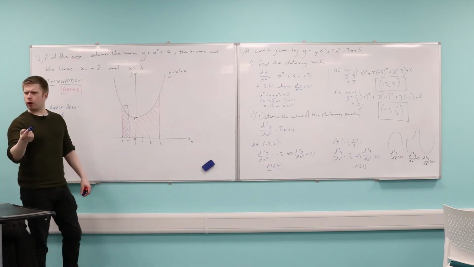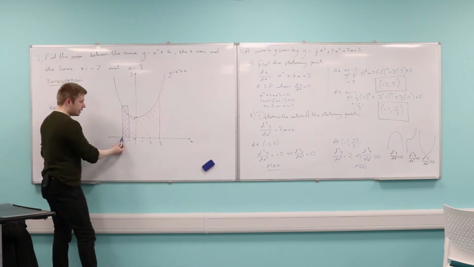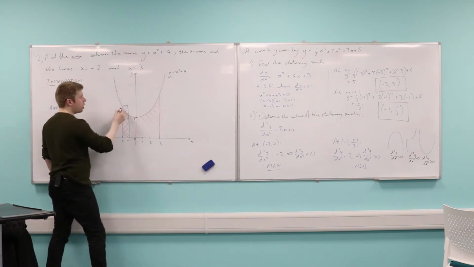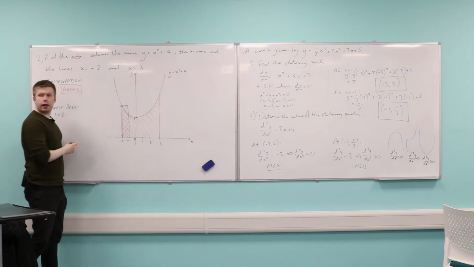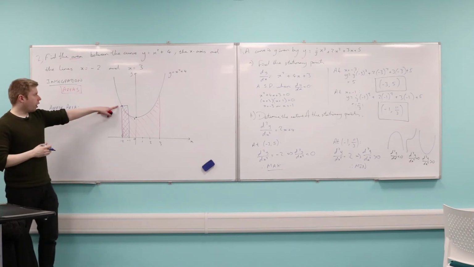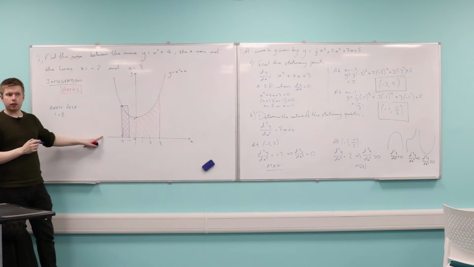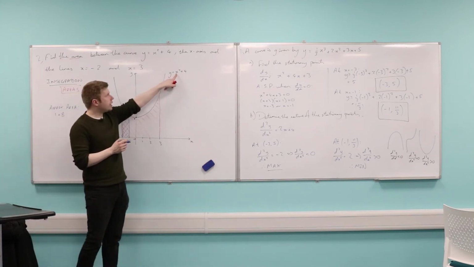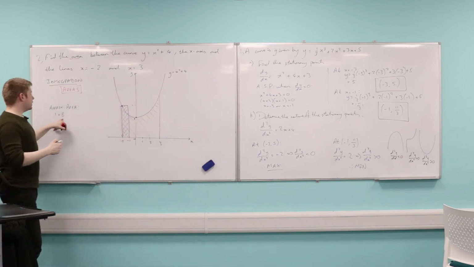What we're literally doing is sticking -2 into this curve, because we're after the height from there to there. So just stick -2 into here. We get -2 squared, which is 4. Add the 4, that gives us our 8.